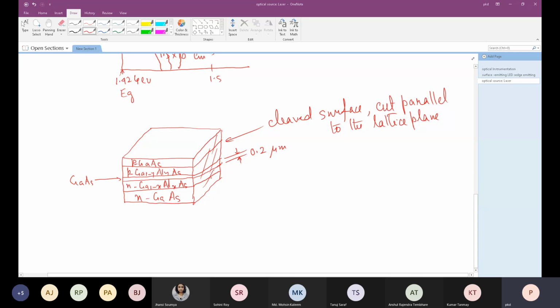If it is cut parallel to the lattice plane, then all the lattice points or atoms will be aligned or terminated almost at the same distance. So this will be a very shining surface, and because it is a shining surface, it will act as a partially reflecting mirror.